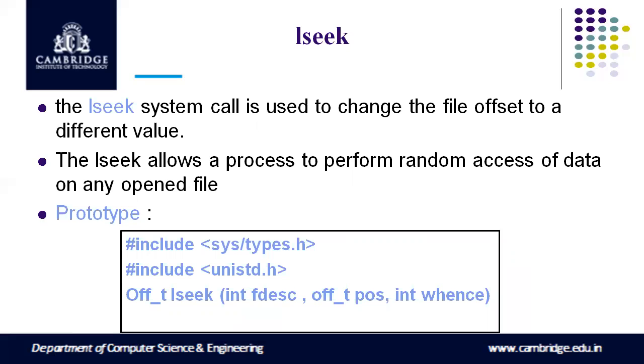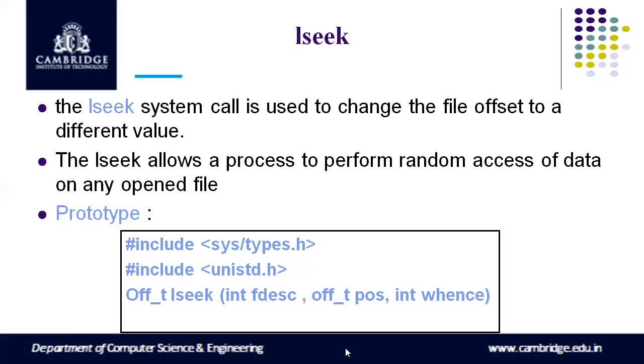Meaning, if your lseek API is successful, it returns where the pointer is positioned. Okay, it returns the offset. That's why the return type of lseek is off_t. Okay, so now we'll see the lseek API with a simple program.